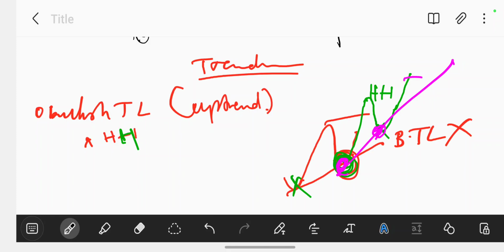So if we have a support there and then the price comes and the trend line isn't broken, we are allowed to take a buy, and we are going to continue buying like that up until the day the trend line is broken. For as long as it is not broken, we're going to continue buying, or up until the day we hit a higher time frame zone.